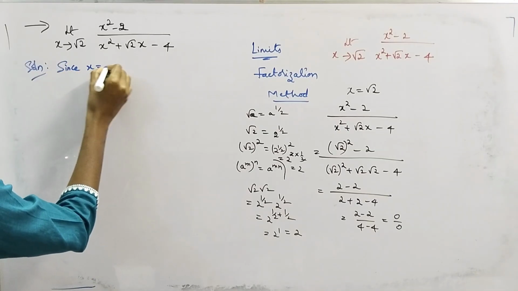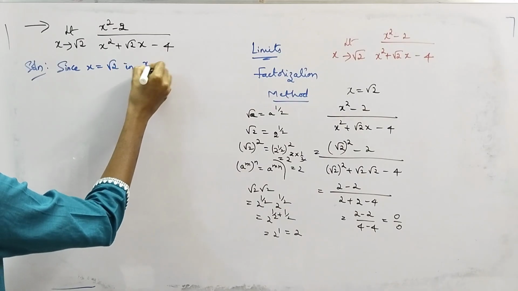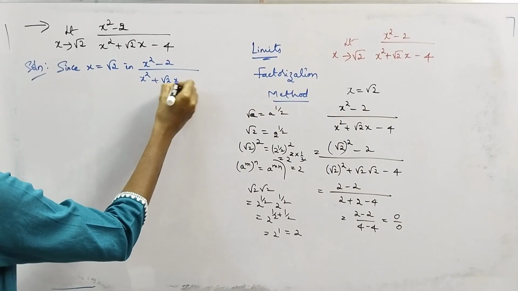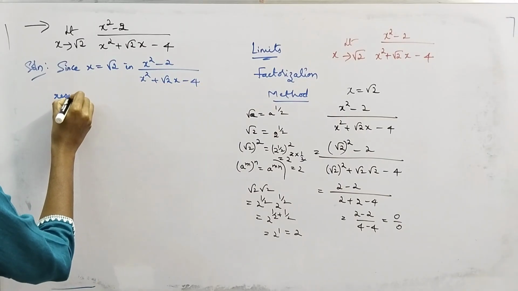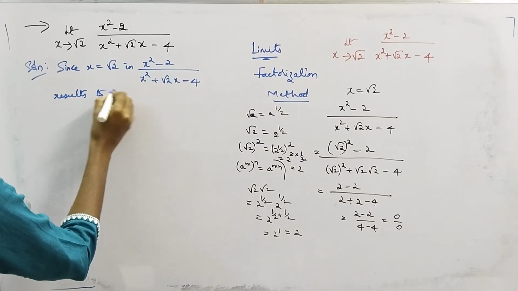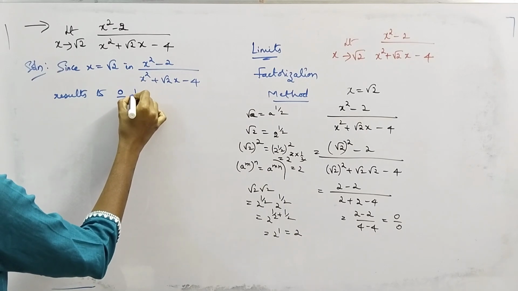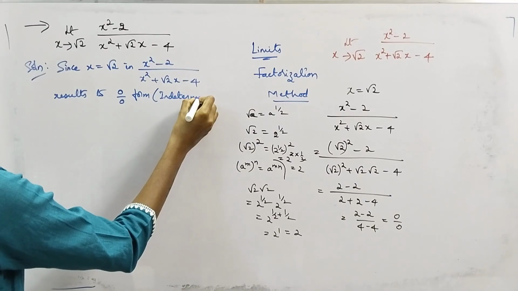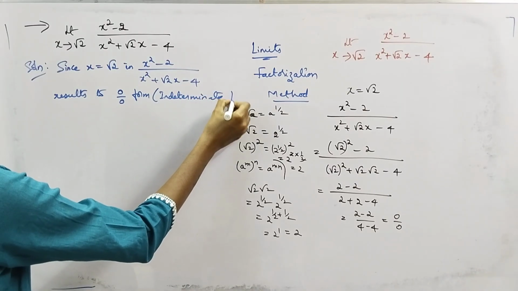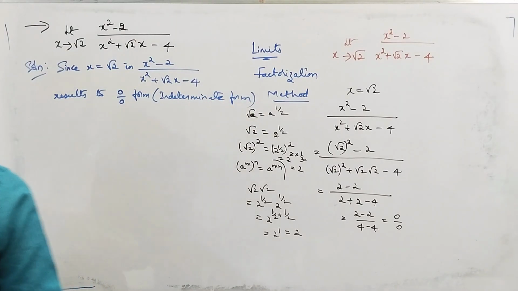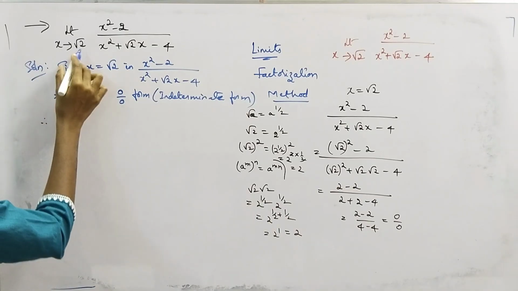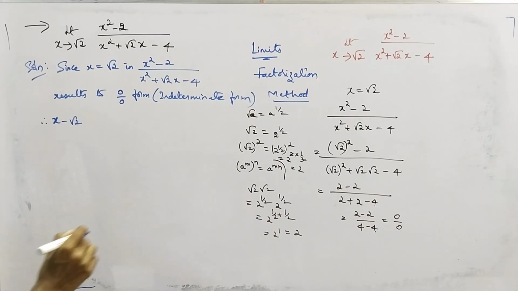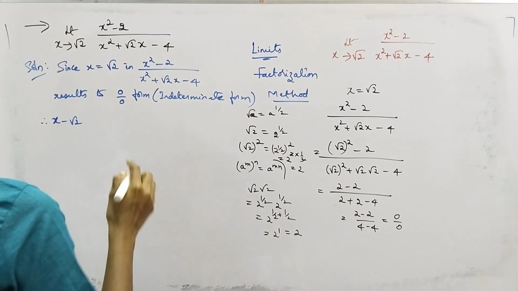Since x equal to root 2 in (x square minus 2) by (x square plus root 2 into x minus 4) results in 0 by 0, an indeterminate form, therefore x minus root 2 will be a common factor in the numerator and denominator.